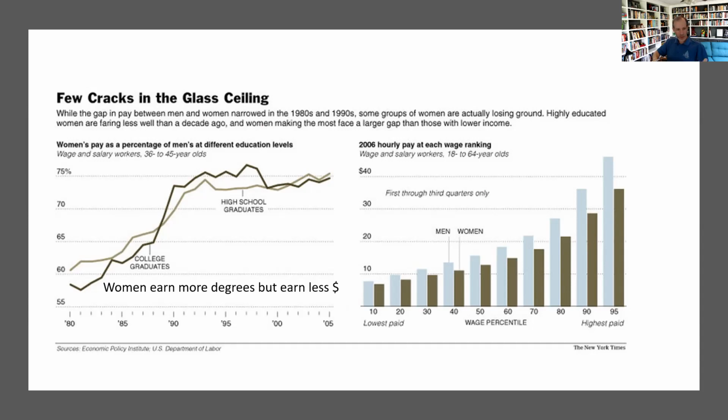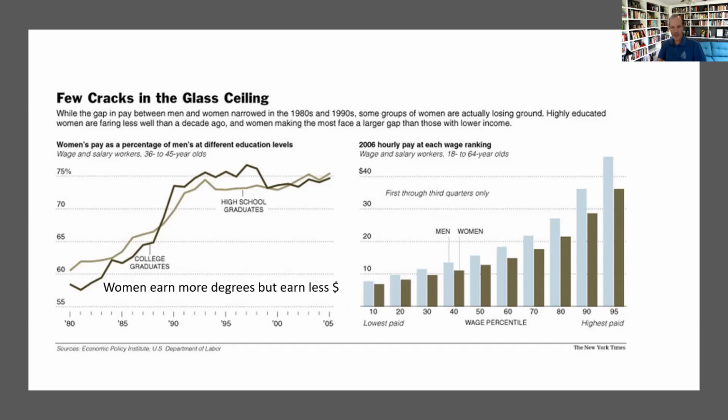And the trends between college degrees and high school degree moved together. It's worth pointing out though, women actually earn more college degrees than men, but less money. Now, if you want to do a proper analysis of gender and wages, you probably need to look within job categories or something. Looking at it this gross way misses some nuance, but even when you look within job categories, you still start to see differences.